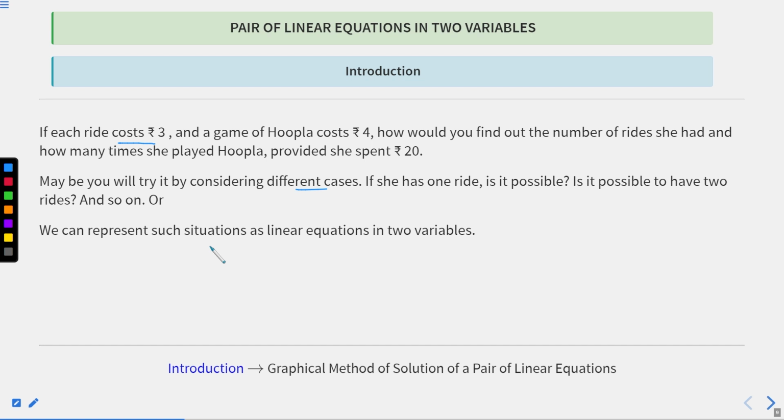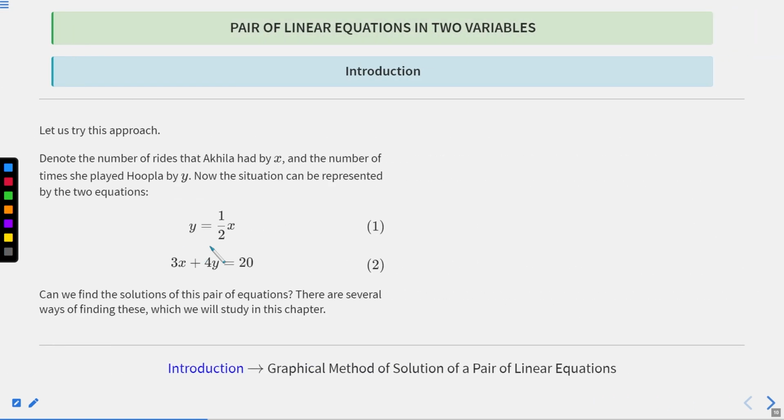So we can represent this as linear equations in two variables. Let us try this approach. Here we denote the number of rides that Akhila had by x, and the number of times she played hoopla by y. Now the situation can be represented by two equations.